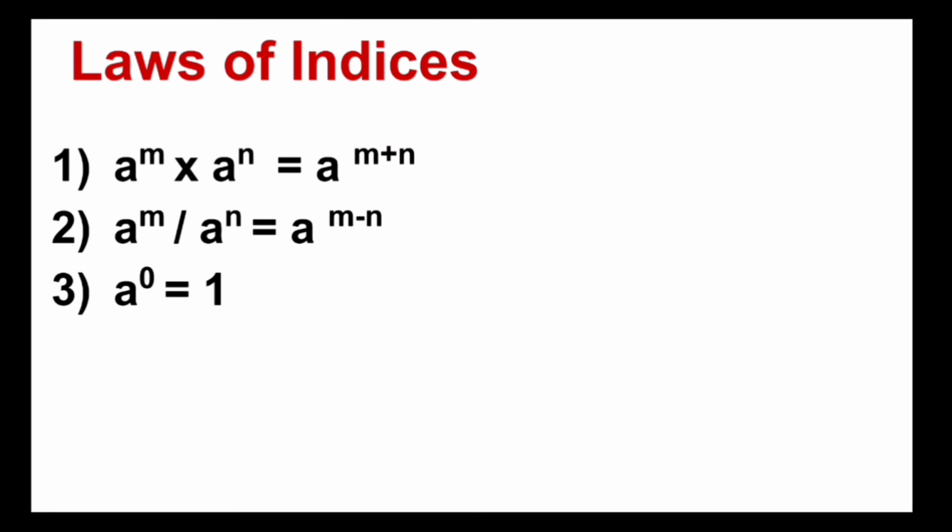That means when base is common and there is division of two numbers, then it is equal to common base raised to m minus n. That means the subtraction of indices. When there is multiplication, we have to do addition of indices, and when there is division, we have to do subtraction of indices. And third important law of indices, we have seen that a raised to 0 is equal to 1. That means any number, any variable raised to 0 is equal to 1. So all these things you have to remember.